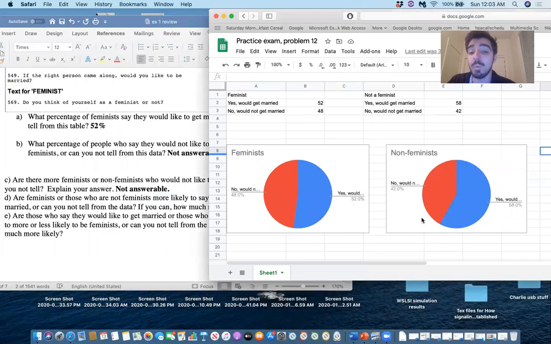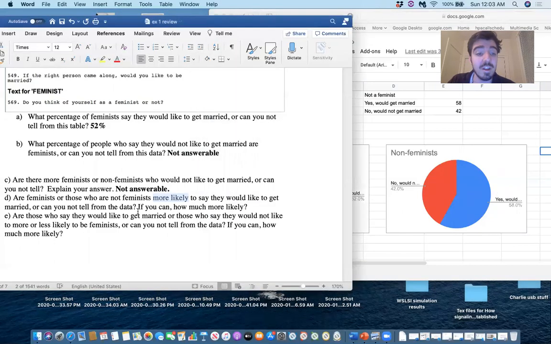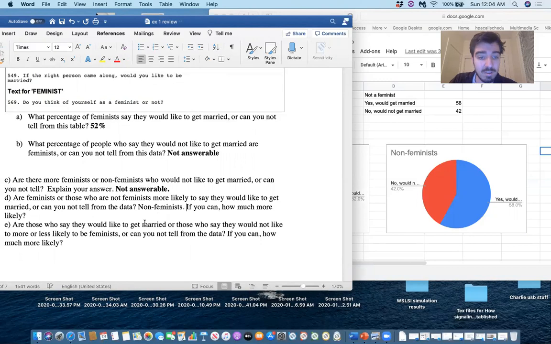Basically, which of these pies has the bigger blue slice? And we see that it's going to be the non-feminists who are more likely to get married if the right person came along. Okay, 58% versus 52%, right? So we'll go ahead and insert in here non-feminists.